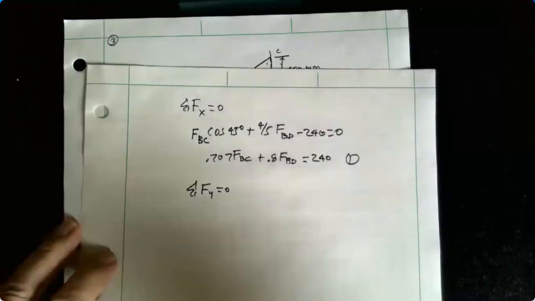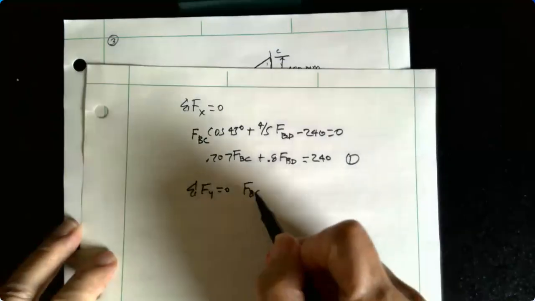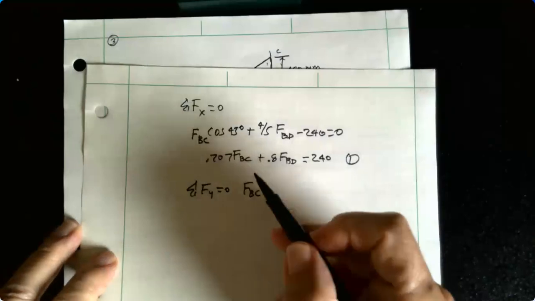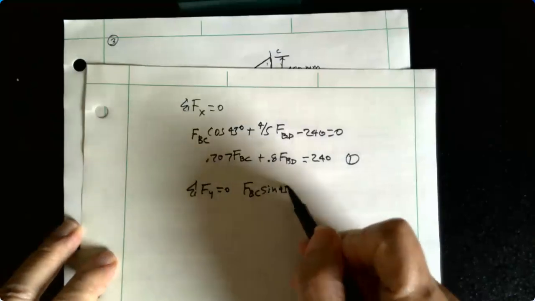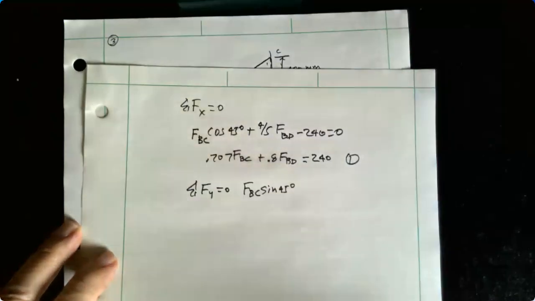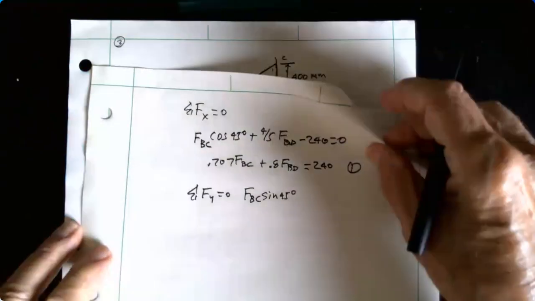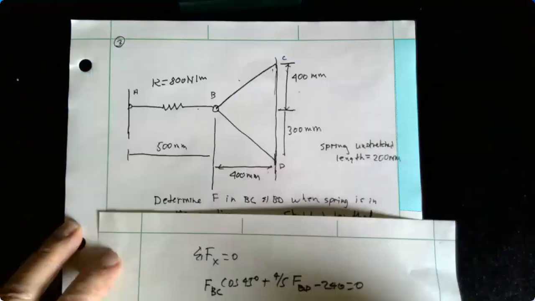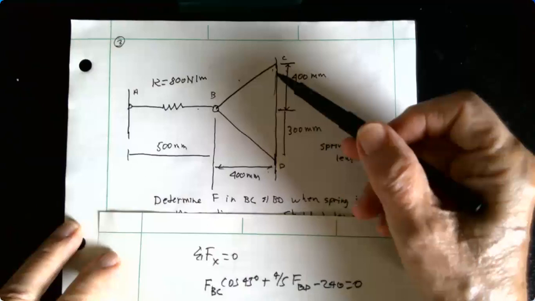So we have force BC sine of 45 degrees. And then we said BD. We're in the y direction, so BC is positive.